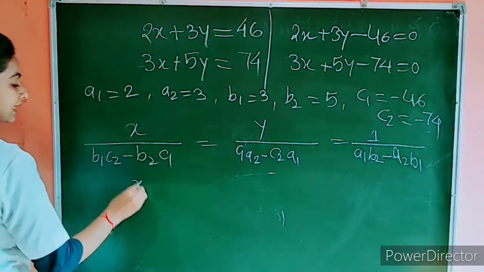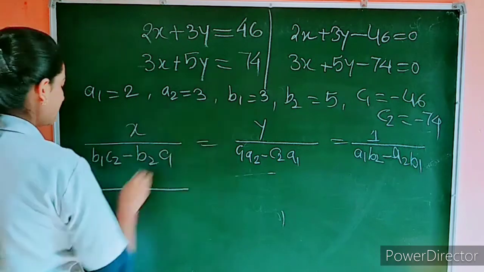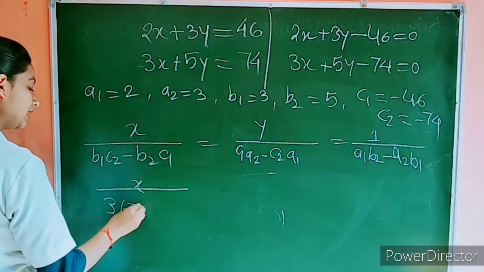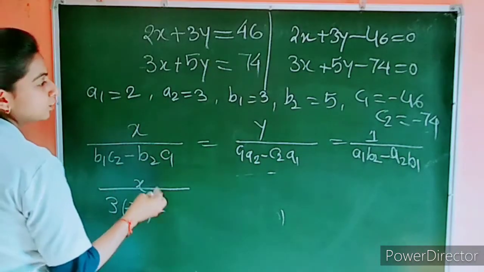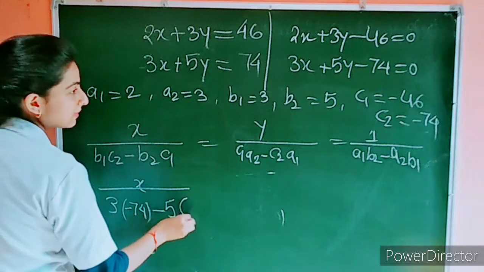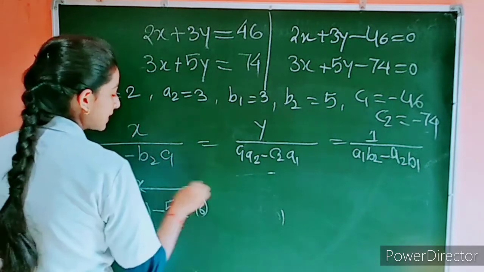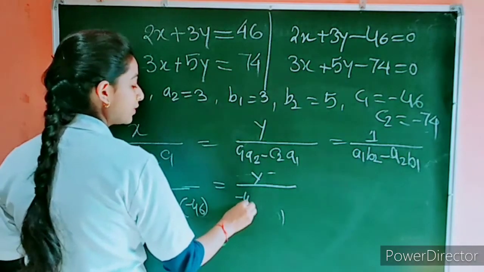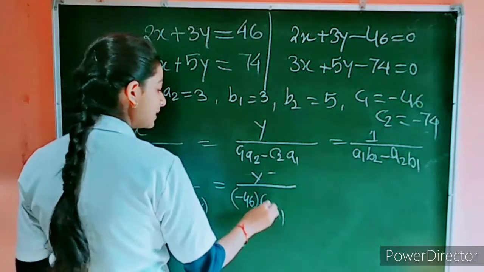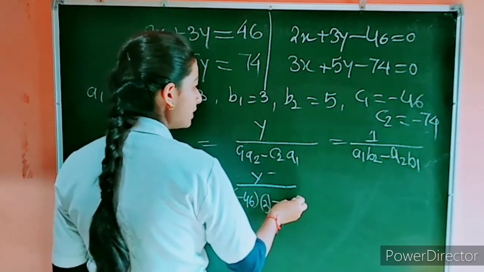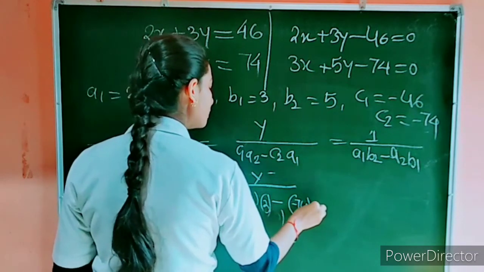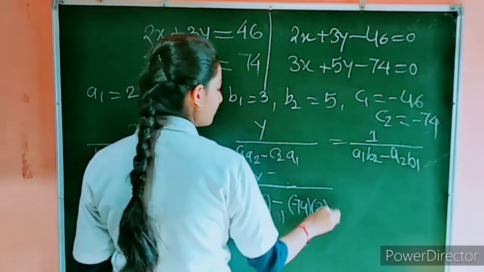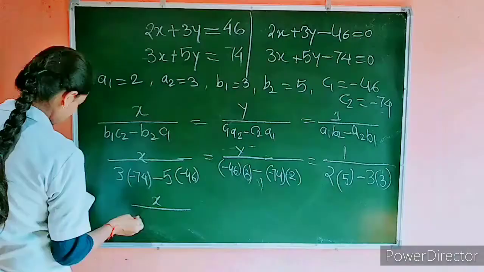Comparing these values, we get x upon b1, that is 3, c2, that is minus 74, b2, that is 5, c1, that is minus 46. Y will be equals to c1, that is minus 46, a2 will be 3, c2 will be minus 74 and a1 will be 2.